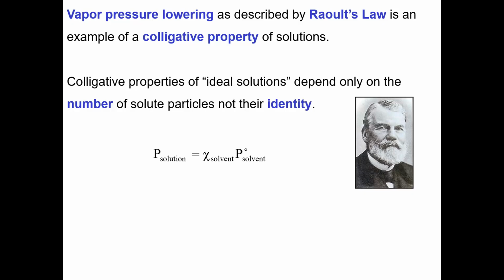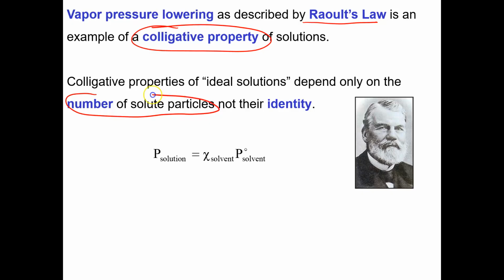So, vapor pressure lowering, as described by Raoult's law, is an example of what we call a colligative property of a solution. And what makes a colligative property is that it depends only on the number of solute particles, but not their identity. So we can see that here, the mole fraction is only about the number of particles.